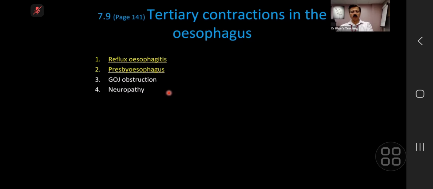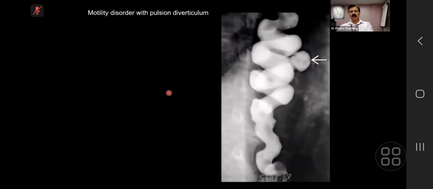It should not be confused, tertiary contractions of the esophagus. And here is a mix-up of two things which I just showed you. This patient has got a motility disorder, so tertiary contractions, and with that a pulsion diverticulum. So pulsion diverticula are associated with motility disorders.